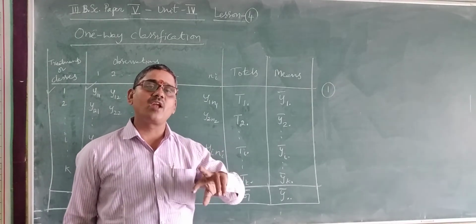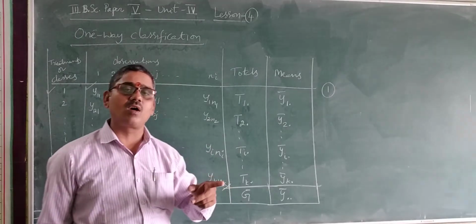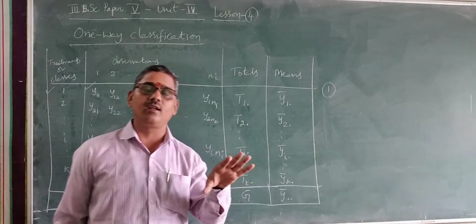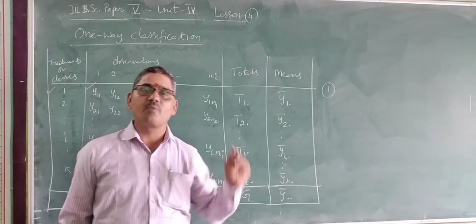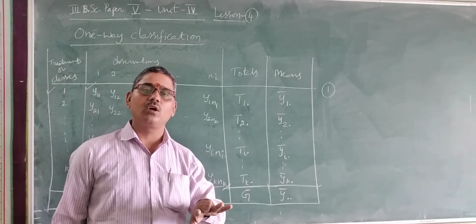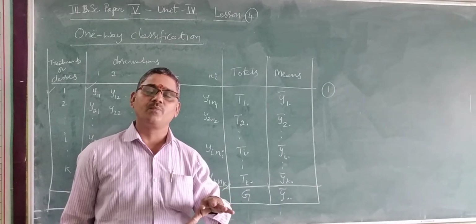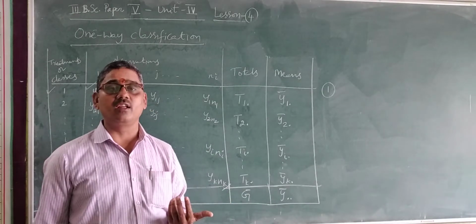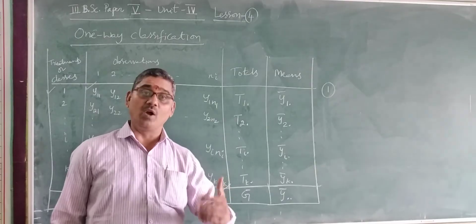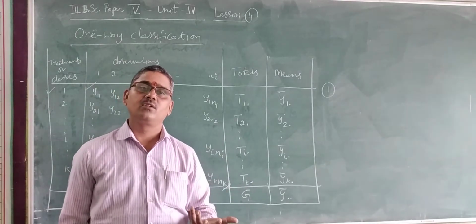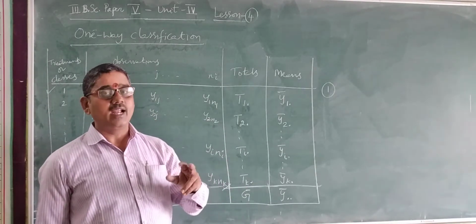For example, if you apply treatment number 1, fertilizer number 1, you may get some yield. If you apply treatment number 2 on various experimental units, you may get another quantity of yield. So that is how it varies.